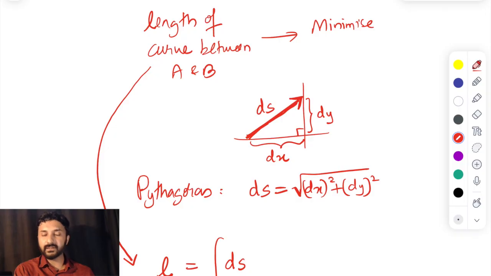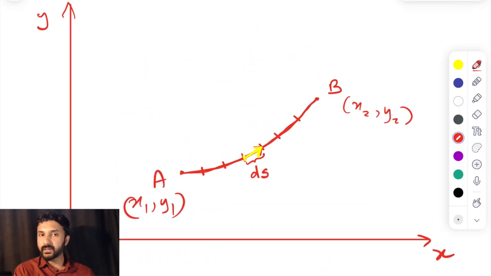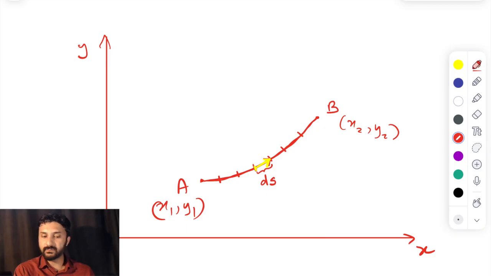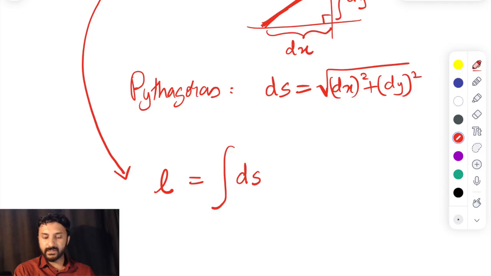What we have done basically is broken down the entire curve, or the path connecting A and B, into small displacements ds, and then we are adding them up. The integral is nothing but a summation in the limit, and therefore it makes sense to write that the total length of the path connecting A and B is the sum of the small length elements that we have broken the path into. So we are just breaking and adding, right?